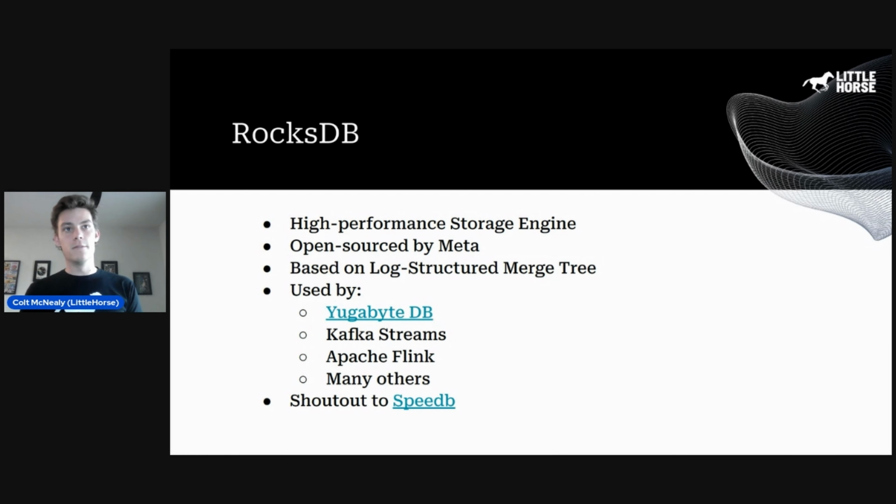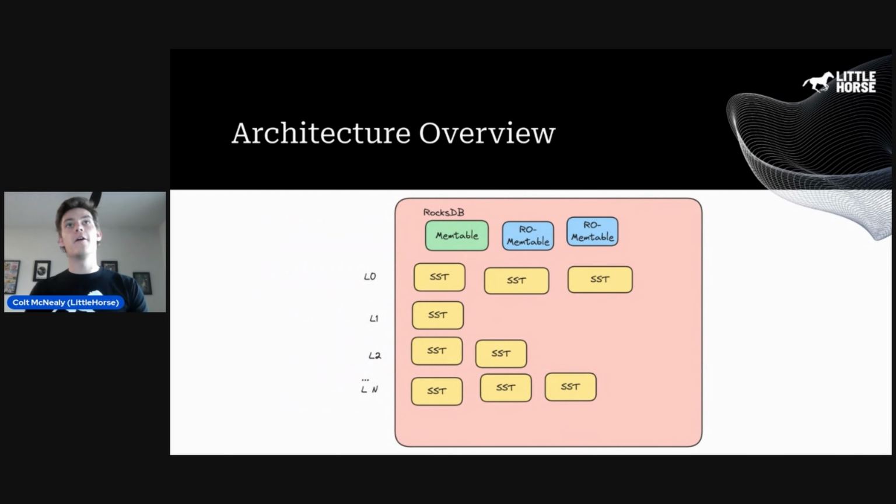And SpeedyB is a really cool up-and-coming technology, which is a fork of RocksDB with several improvements and features on top of it. I'll talk about one of those features today. There are many. I don't feel like I can do most of those features justice, but I will start with one of them.